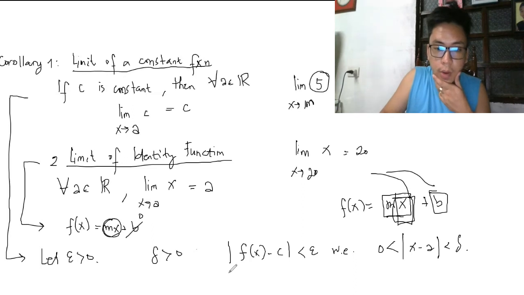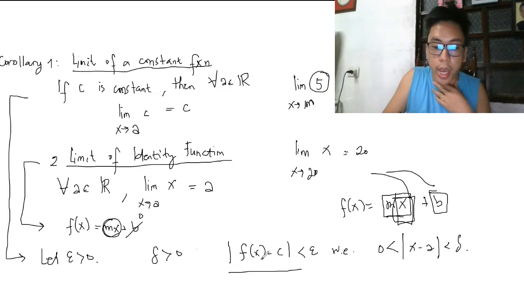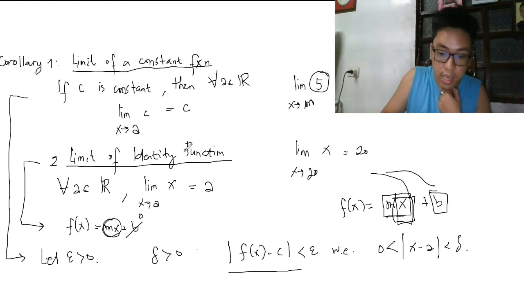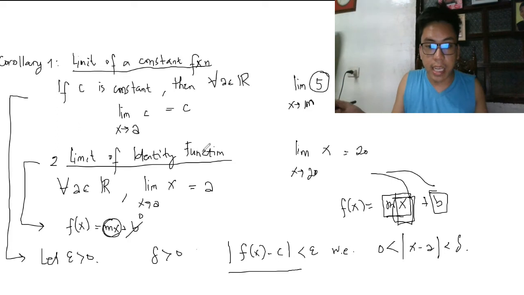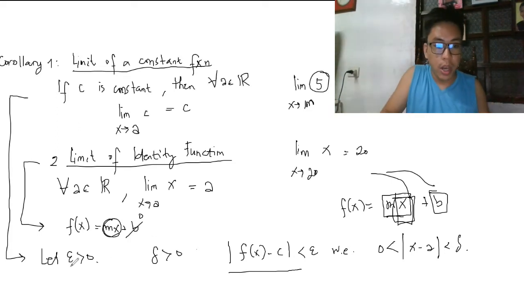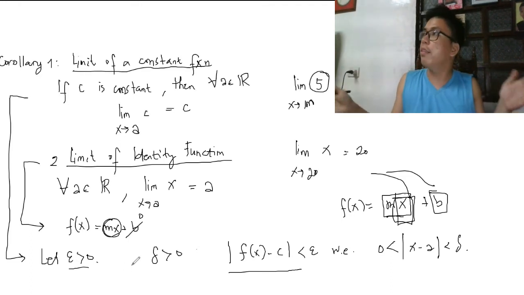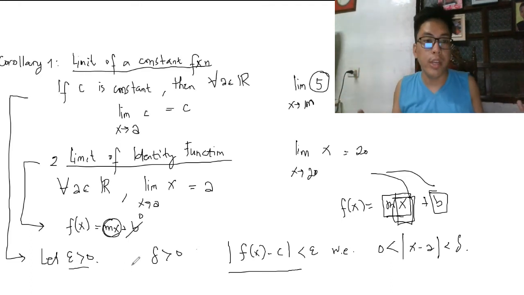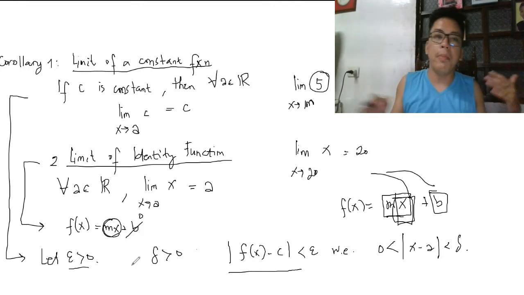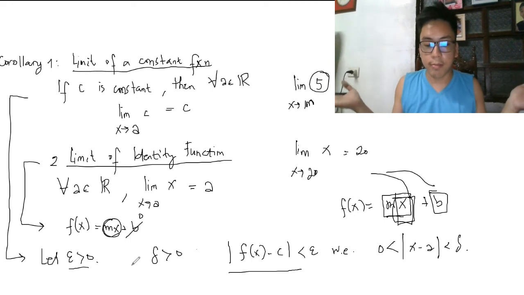Observe that this inequality here is trivially satisfied for all x. Why? Because your f of x here is actually c. So basically, c minus c is 0, and that's less than epsilon greater than 0 by our assumption. Which means to say that that's a trivial proof, pretty basic, for proving the limit of a constant function. So that's it.